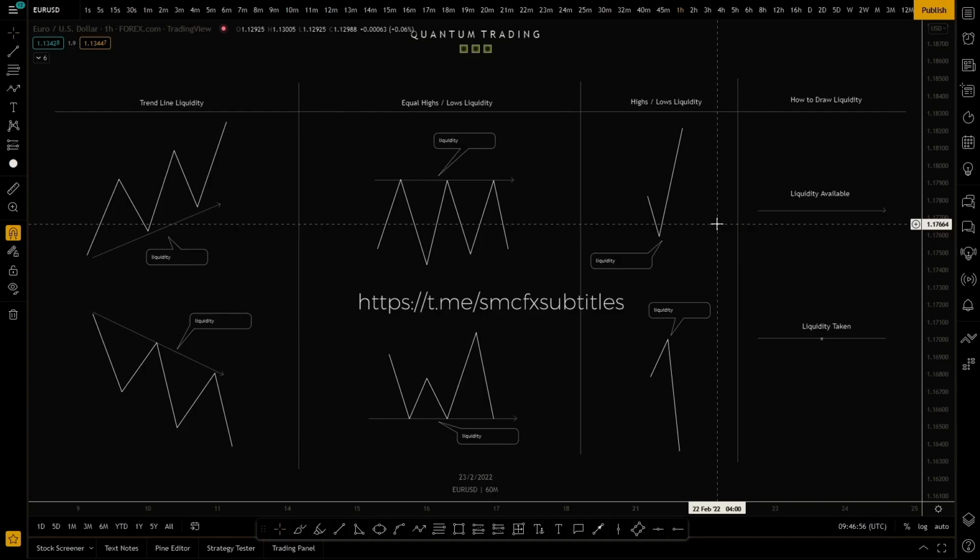So if we know how they trade, we can potentially look to see where these retail traders' stop losses are, okay? Now, what we use liquidity for is a confluence to see when retail traders are in their trades, and if we see these retail traders get taken out of the market, this can then give us an indication and give us confluence that price might go in our given direction. So for example, how many times in retail methodology do you hear them say, oh, I got stop hunted, but then price went in its given direction?